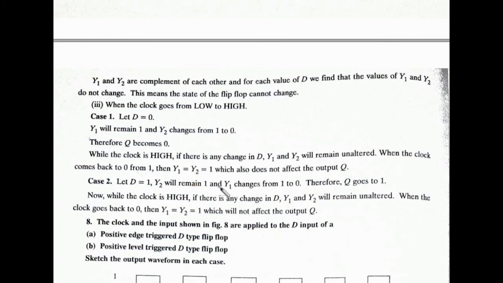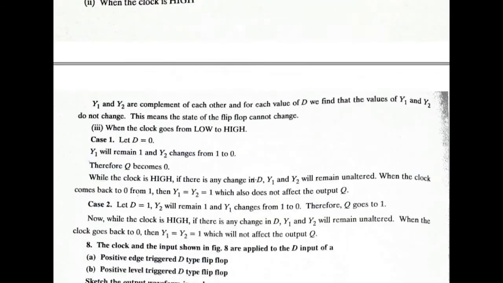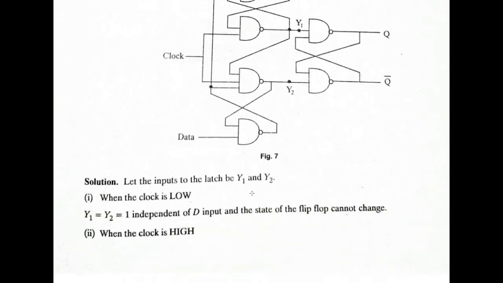Y2 will remain 1 and Y1 changes from 1 to 0. Therefore Q goes to 1. While the clock is high, if there is any change in D, Y1 and Y2 will remain unaltered. When the clock goes back to 0, then Y1 equals Y2 equals 1, which will not affect the output Q. So in this way we can verify the operation.